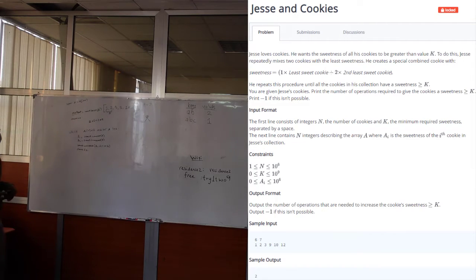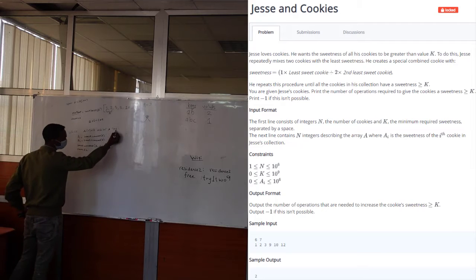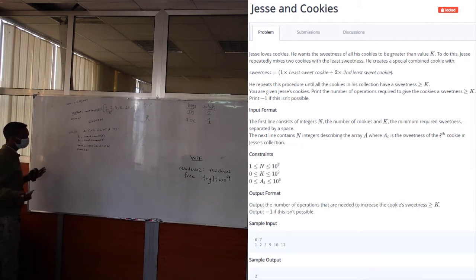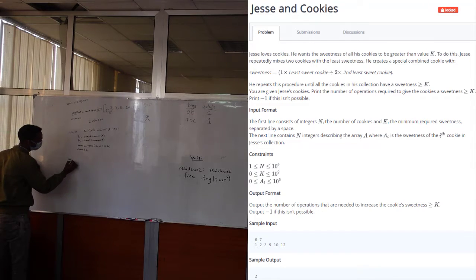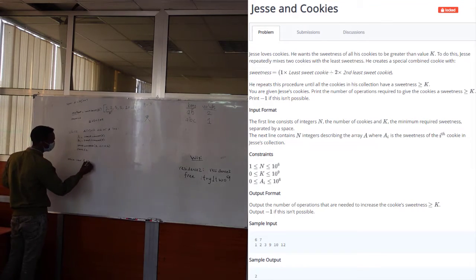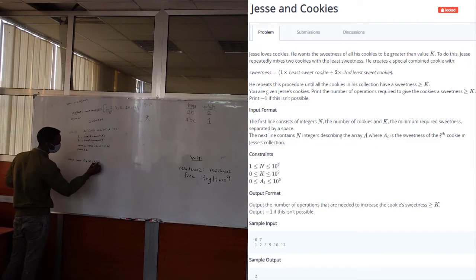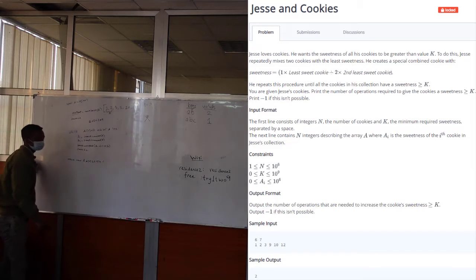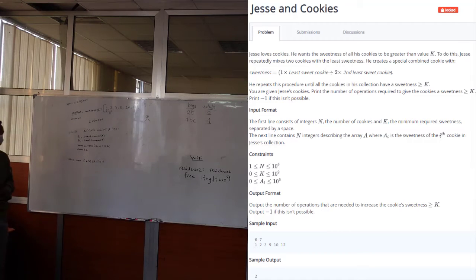We have to check we haven't run out of cookies without satisfying the condition. So we can say return count if we are able to do that, otherwise we return -1 simply. So this is how I solve it.